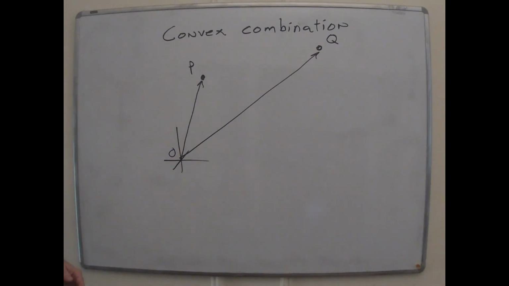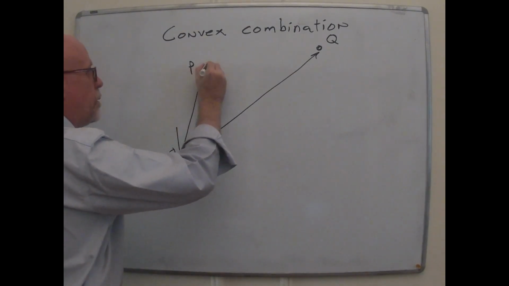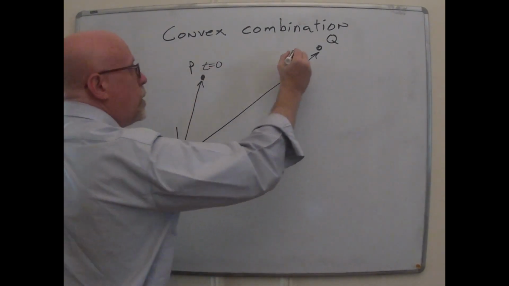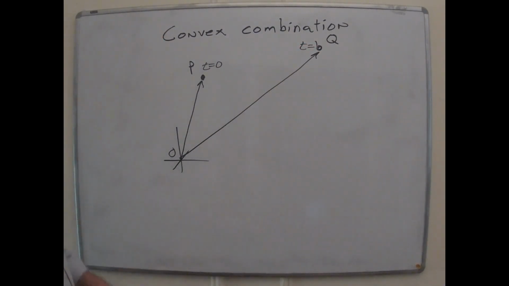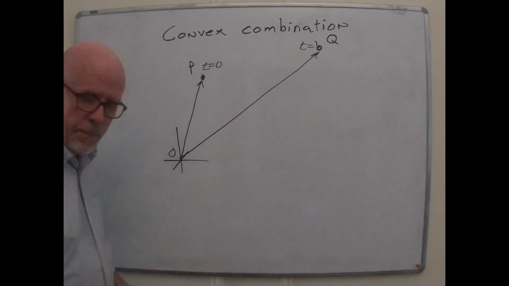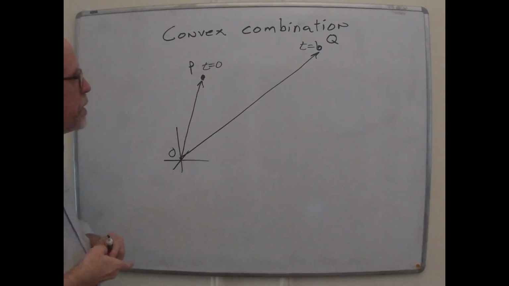Those are easy enough. What I mean by a convex combination is to do something so that when t is 0, you're here, and when t is 1, you're there. So as t ranges from 0 to 1, you get this segment that, let me put it in red.